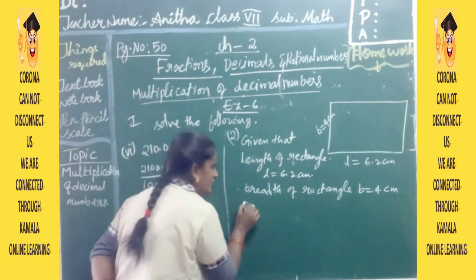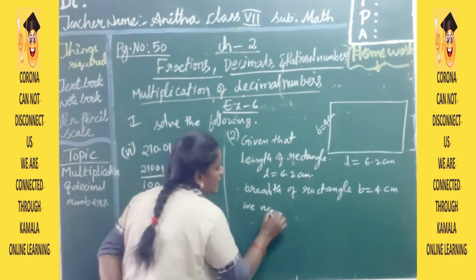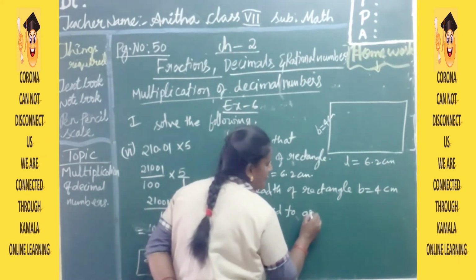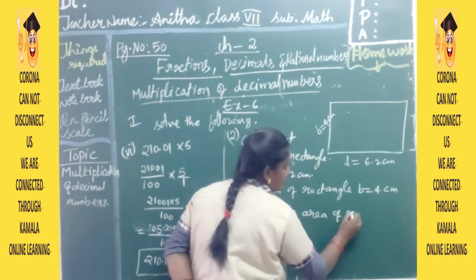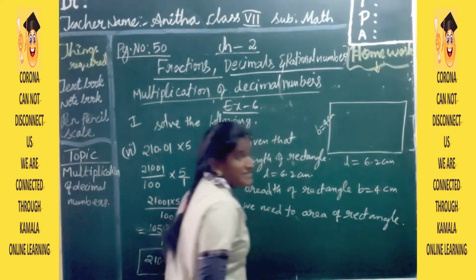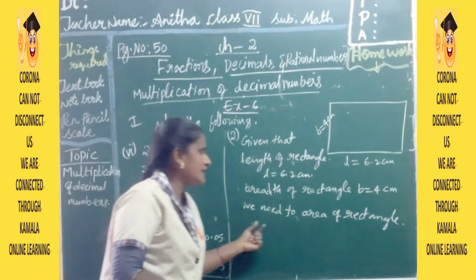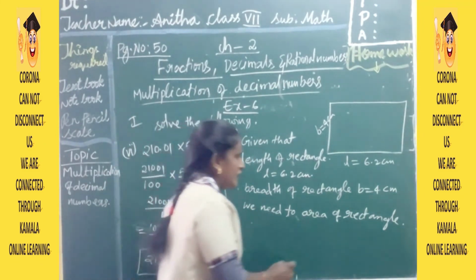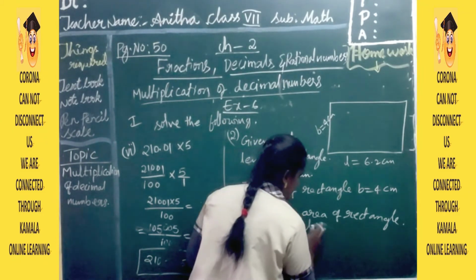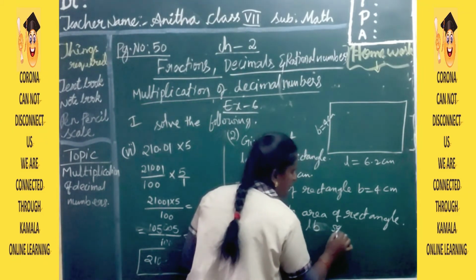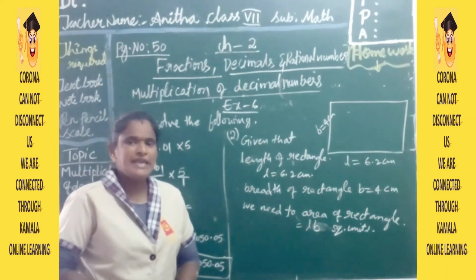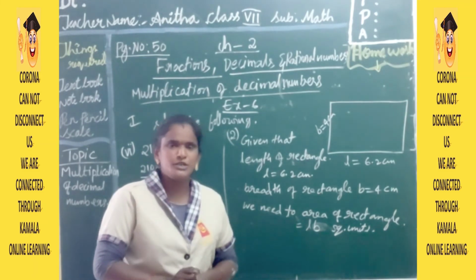We need to calculate the area of the rectangle. So what is the area of a rectangle formula, children? In the previous class we learned the area of a rectangle is L into B square units. Area of a rectangle is length into breadth.